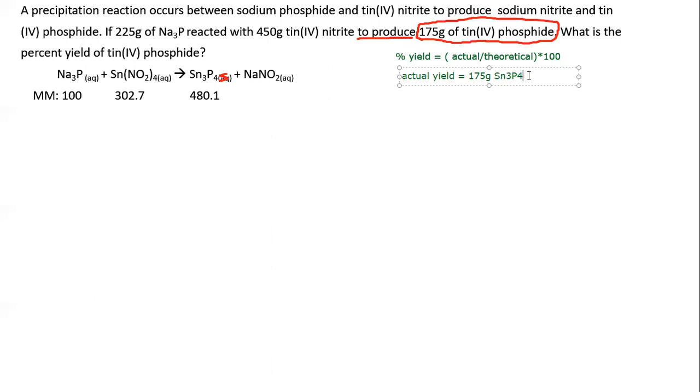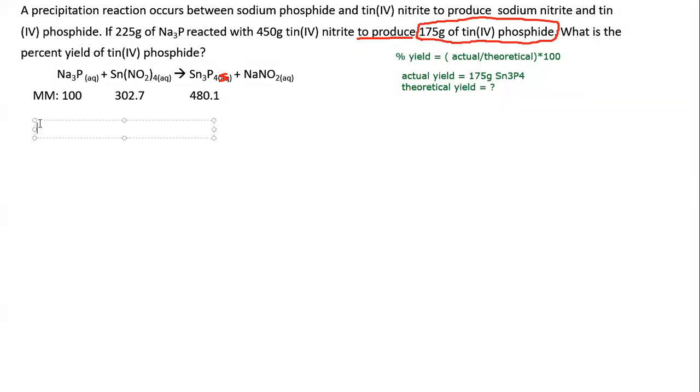But it's the theoretical yield that we don't know, and we have to use the other information to determine it. Since it gives us information about both reactants, we have to determine which one produces the fewer moles of tin-4 phosphide, and then from there we can calculate the theoretical yield. If it just gave us information about one reactant, it would be very easy because that one would be the limiting reactant.